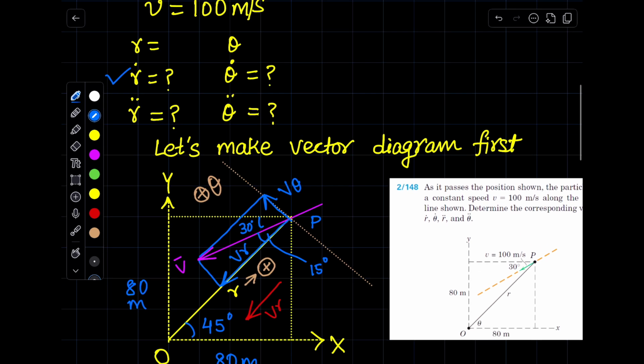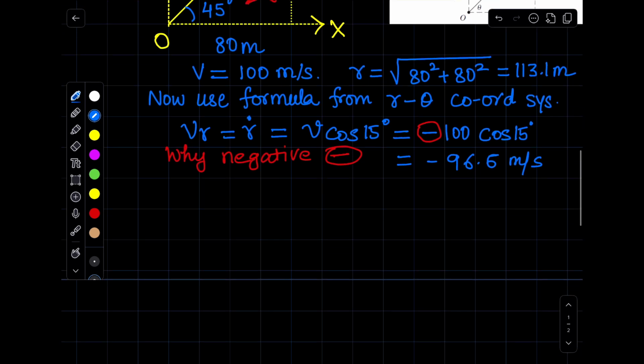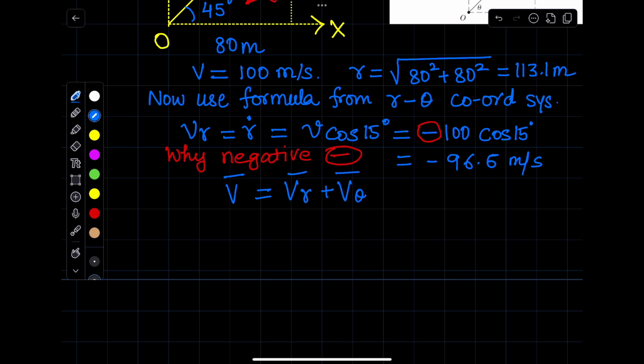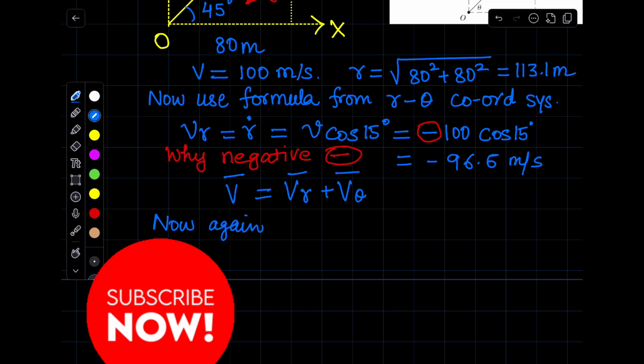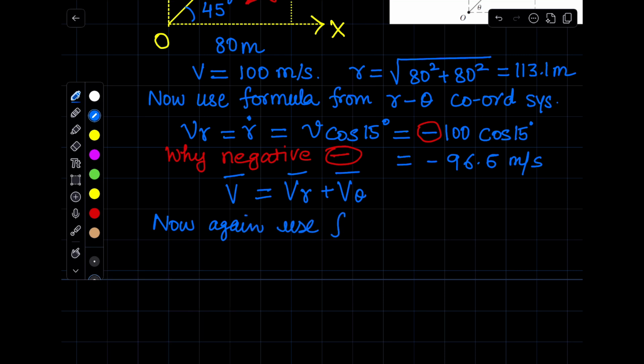So we have just calculated r dot from this formula. And as you know, the vector v has two components, Vr plus V theta. I just wrote this equation for your information, although there is no such need for it.